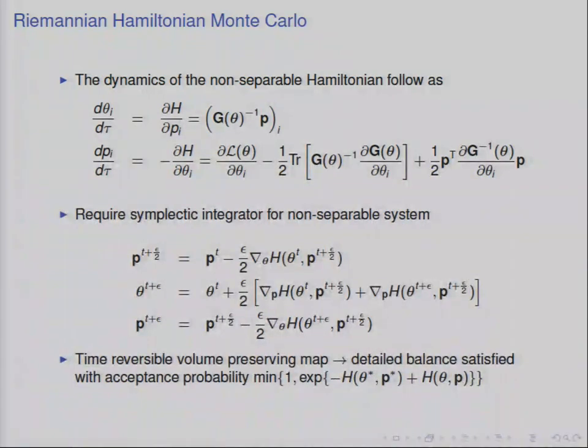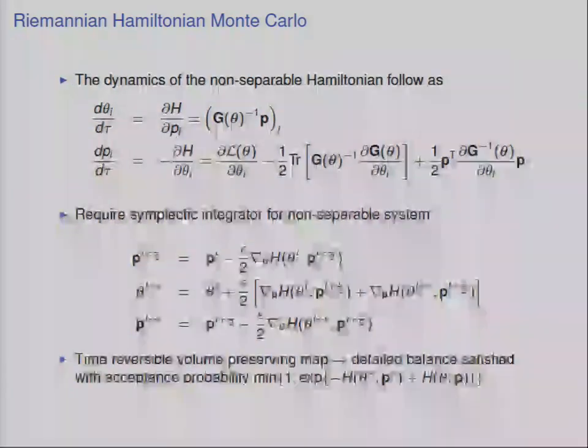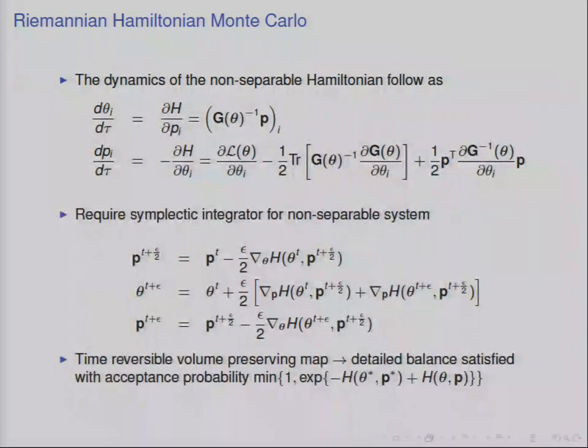In other words, if we want to update the momentum at the half step epsilon over 2, you'll see that the new momentum at t plus epsilon over 2 occurs both on this side and on this side of the equation. And likewise with the full step for theta, the new value occurs on the left and the right-hand side of the equation.